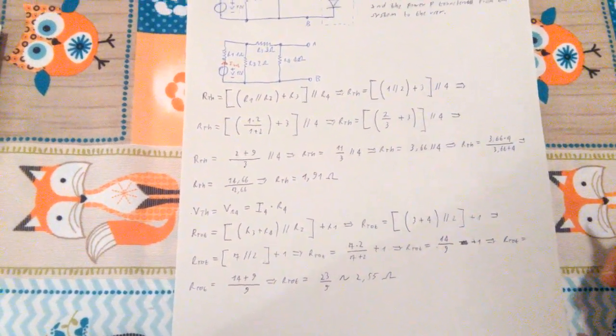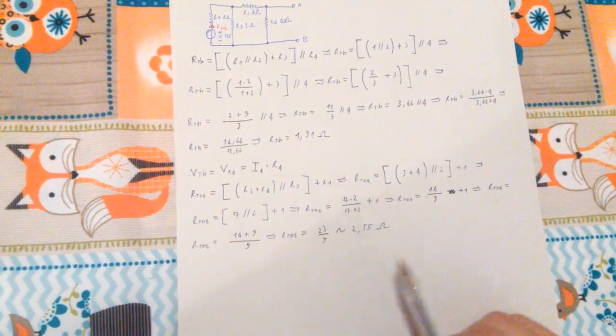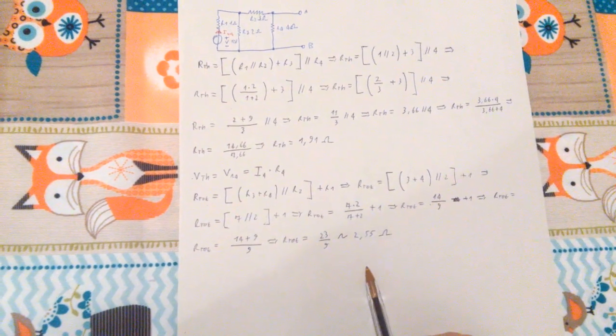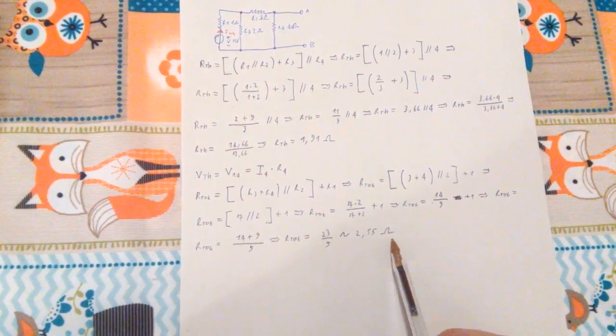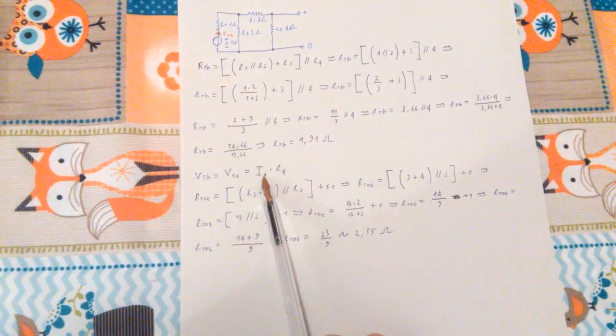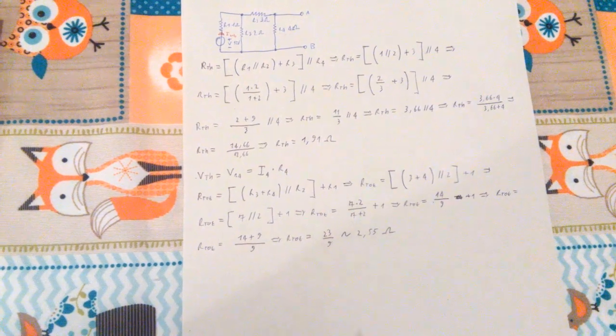Now that I have the R total, I can use it to find the I total. And once I have found the I total, I can use it to find I4, which is a subset of I total.